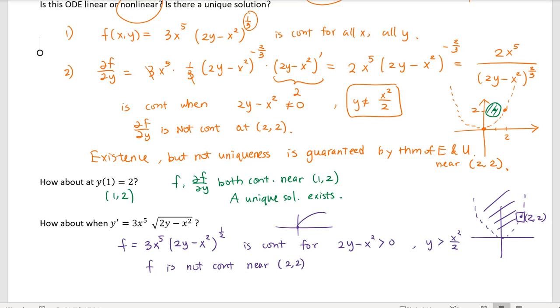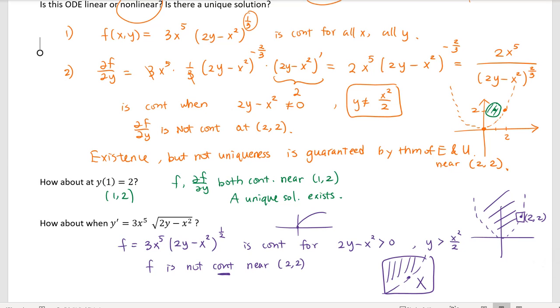Even though, if I zoom in on the picture, this is (2, 2), this part is continuous, on this part it's not continuous. So we still say it's not continuous near (2, 2), because it's not continuous over the entire open rectangle containing (2, 2). So that's why we still count it as not continuous.